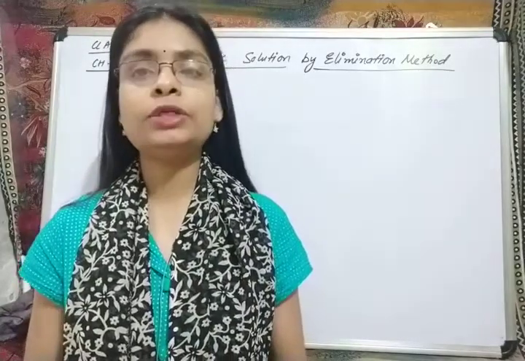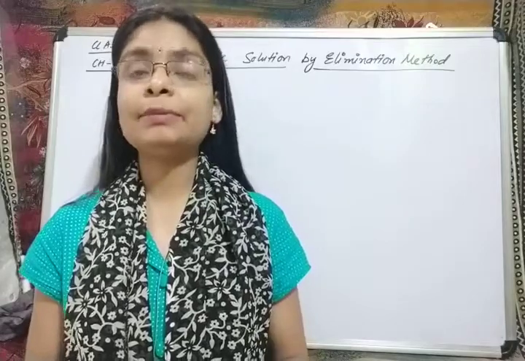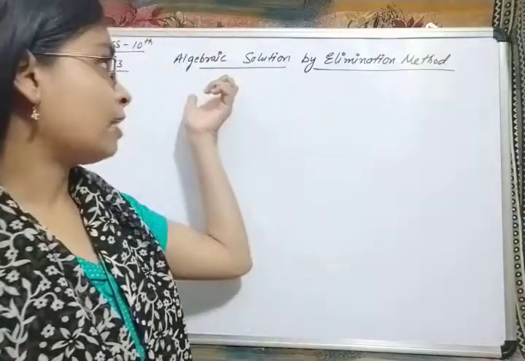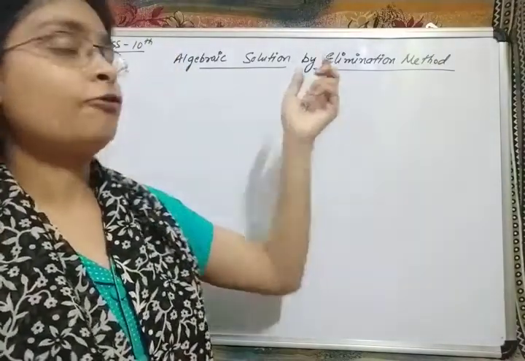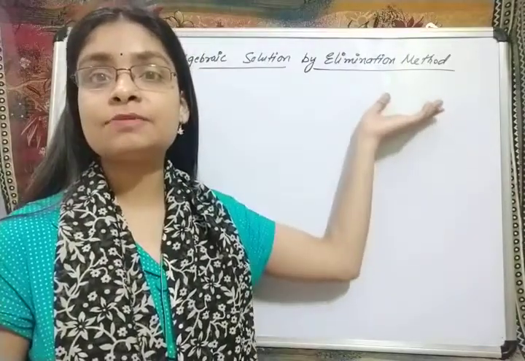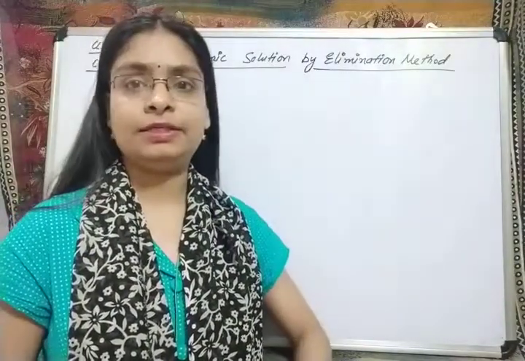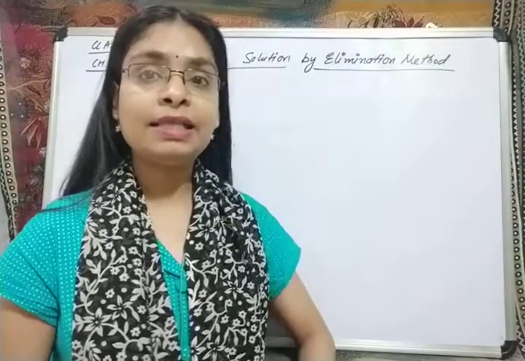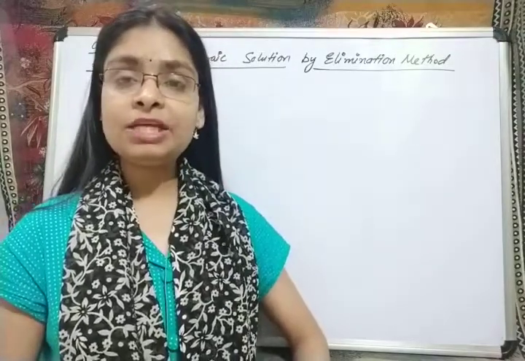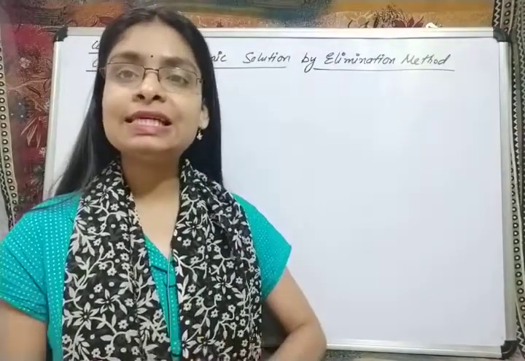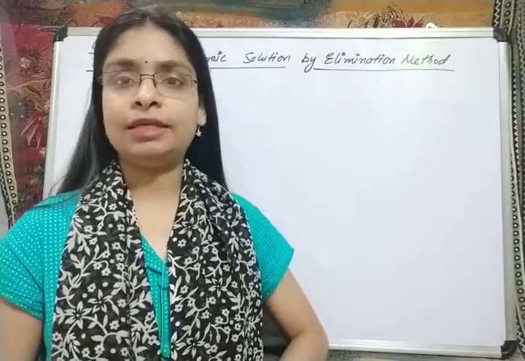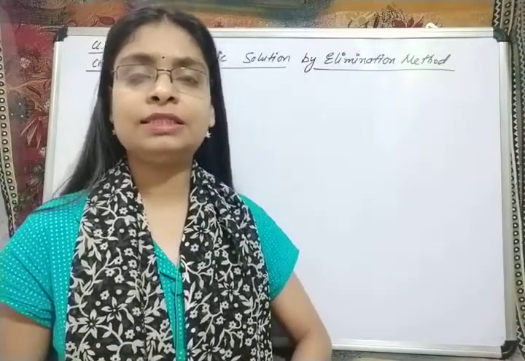So here we are going to discuss the elimination method, that is, finding the algebraic solution of a pair of linear equations in two variables by the elimination method. Okay, what do you mean by elimination? Elimination means to delete something, eliminate something. So what are we going to eliminate here?